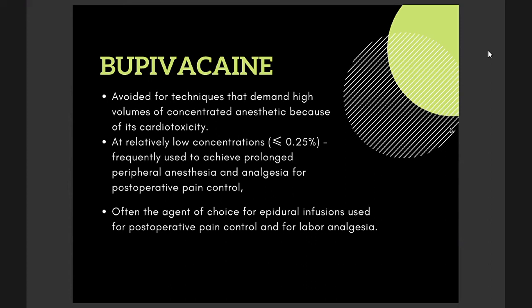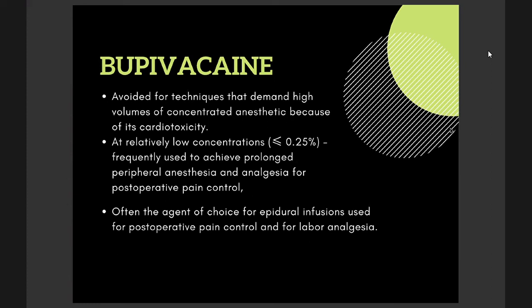If we want only labor analgesia, we give half of your 0.25% bupivacaine, which is 0.125 to 0.25%. This is given for analgesic effect, most especially for labor analgesia.